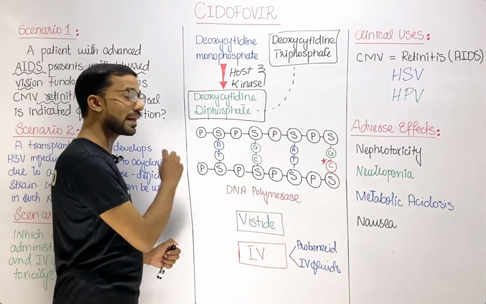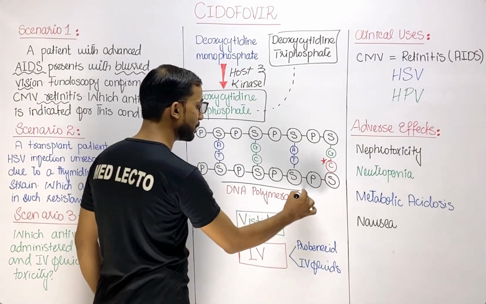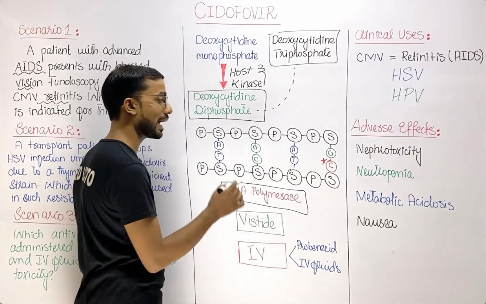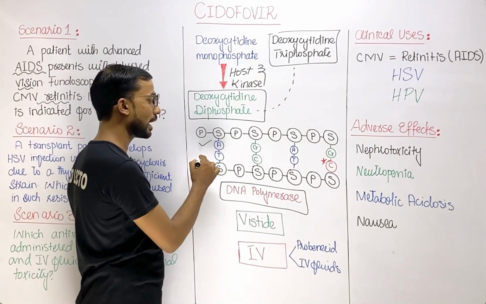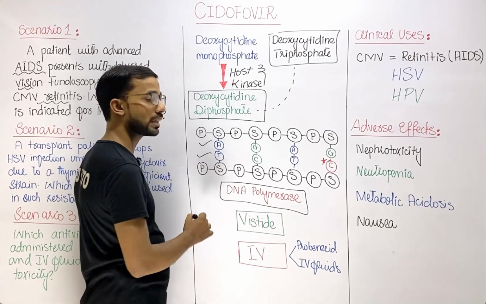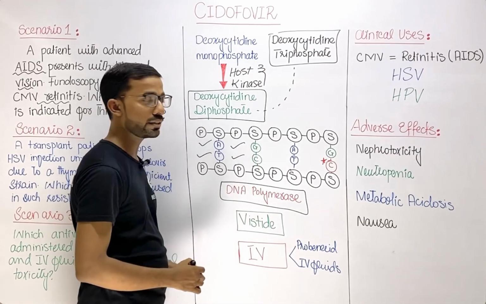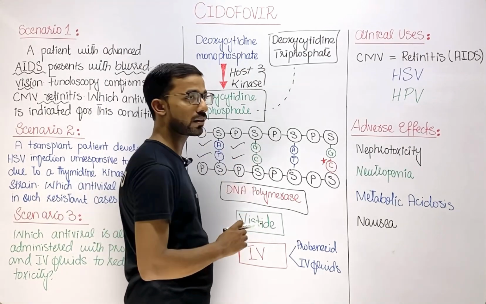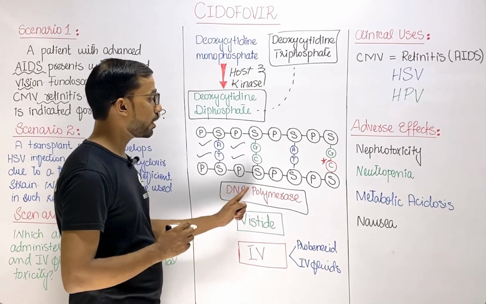Now, in the synthesis of DNA, we require the DNA polymerase enzyme that adds the different nucleotides: adenosine in front of thymidine, guanosine in front of cytidine, and this process continues. Now DNA polymerase has two options.